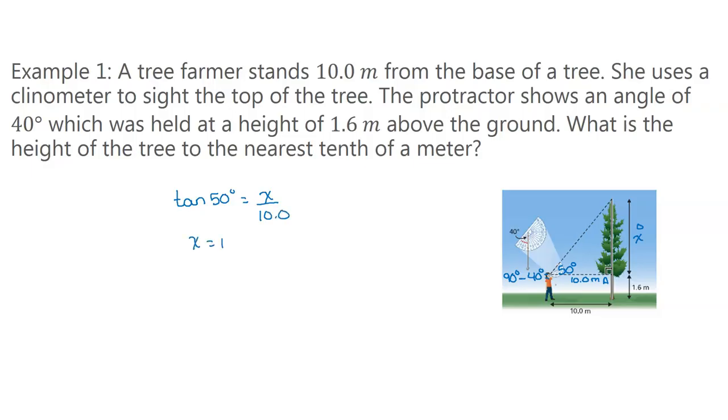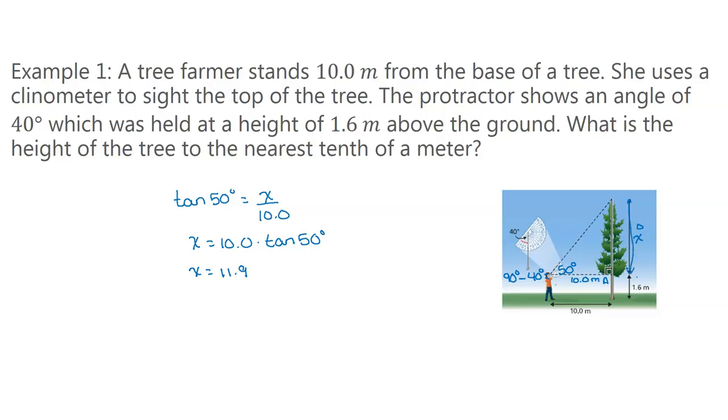Cross multiplying now, I get 10.0 times tan 50. Putting that in my calculator, I get a value of 11.9. So now that's not the height of the tree, that's only this distance here.